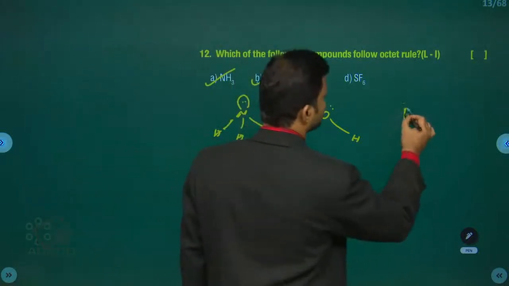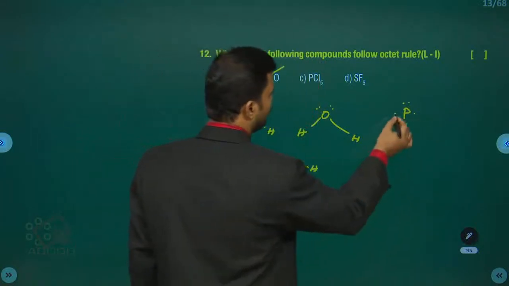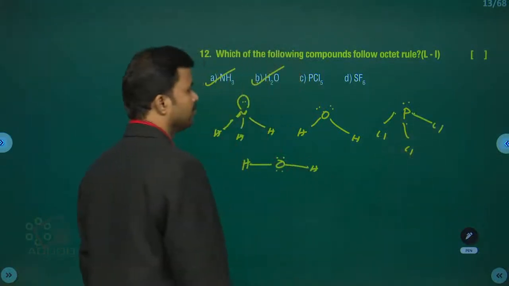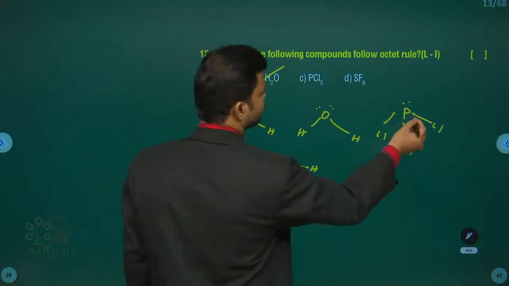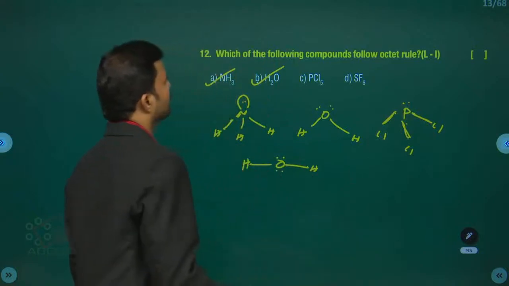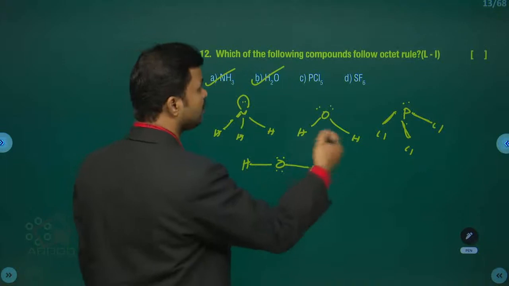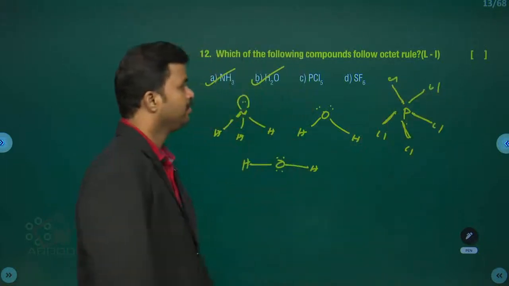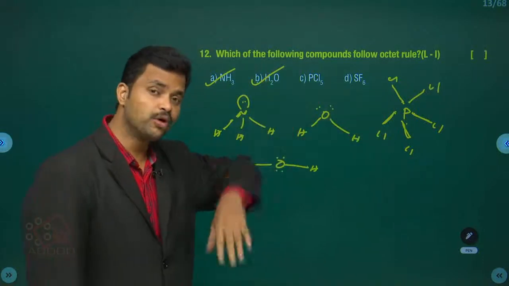PCl5: phosphorus has 5 electrons in its valence shell and every chlorine is participating in bonding with it. How many electrons does it have? Then one chlorine, another chlorine. Now phosphorus has 10 electrons after bonding.